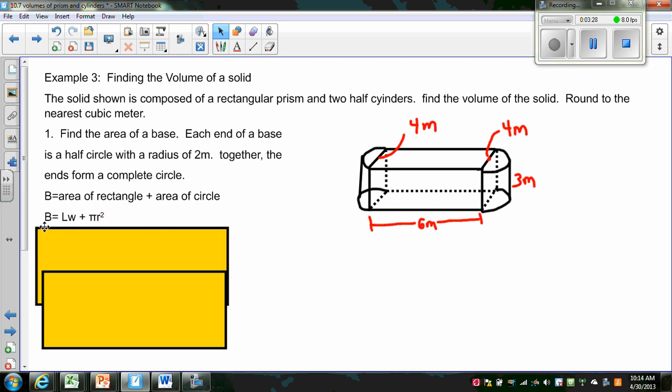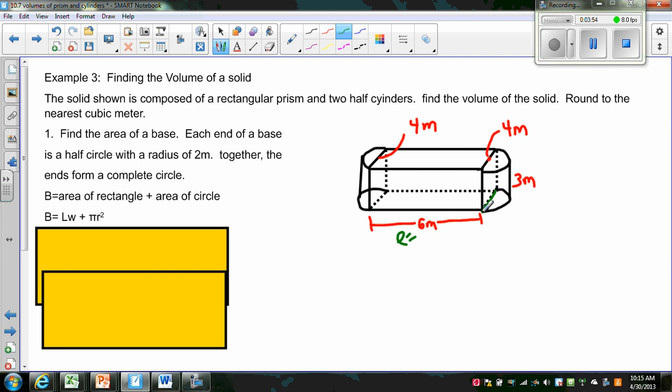In this case, we know that the area of a rectangle is length times width, and the area of a circle is pi r squared. Well, we need to look at this a little carefully to figure out what r is. In this case, we know our length equals 6 meters.